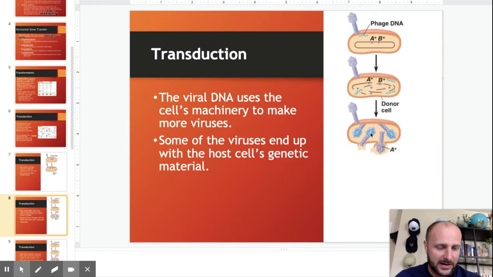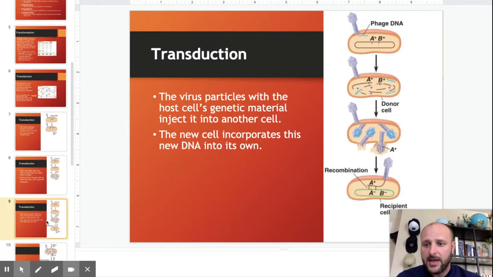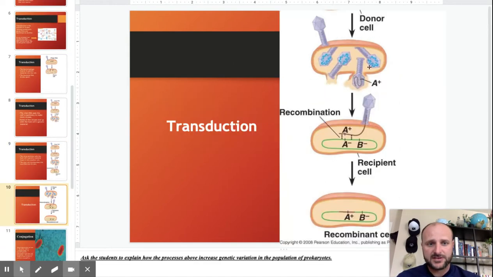It's usually RNA, not DNA. Then that virus can travel to another cell and put the old host cell's DNA into a new cell, thus giving that bacterium some new DNA. And this is a picture showing how the whole thing would happen.